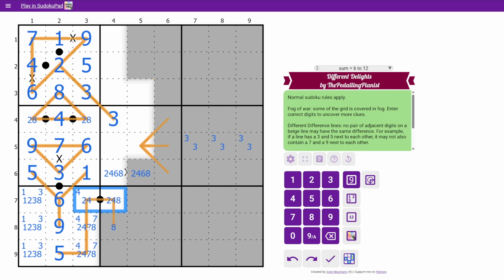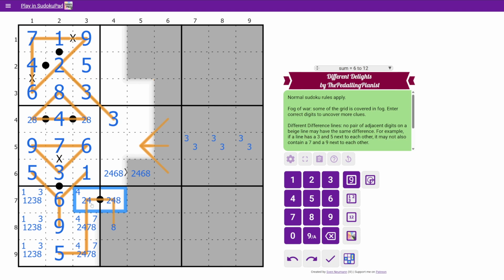If it was 2 8, the 8 would have to go down here with a difference of 3. 2 would have to go here with a difference of 6.